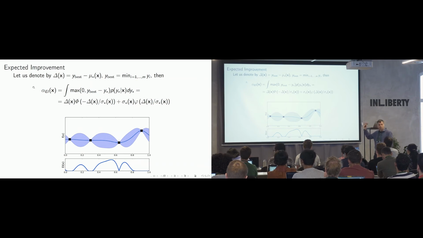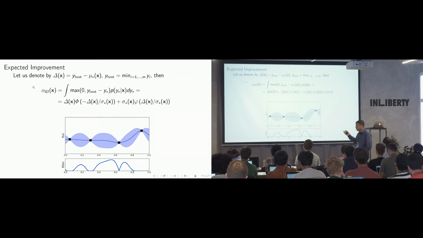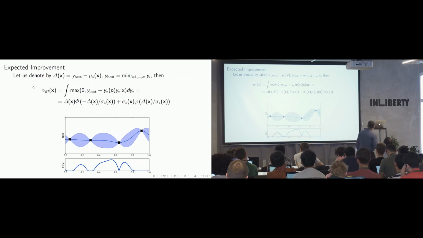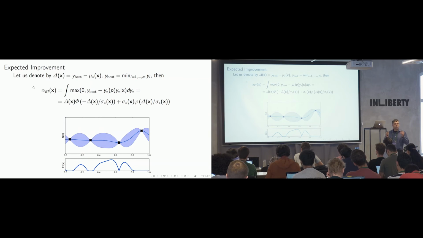Also, in applications, they very often use so-called expected improvement. Expected improvement is a probabilistic criterion which estimates the average value of improvement over existing observations. So let us define by y best the best value of the function observed so far. Using all observed values, we constructed the approximation.